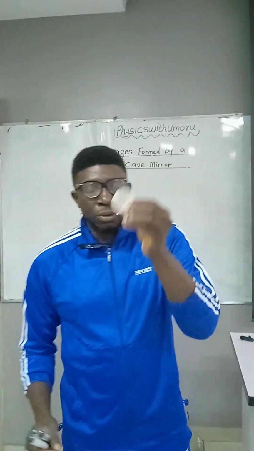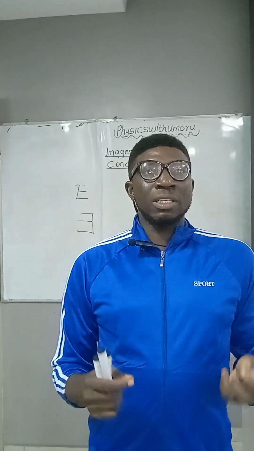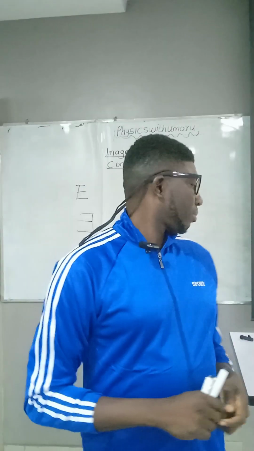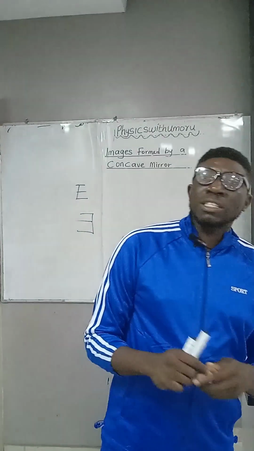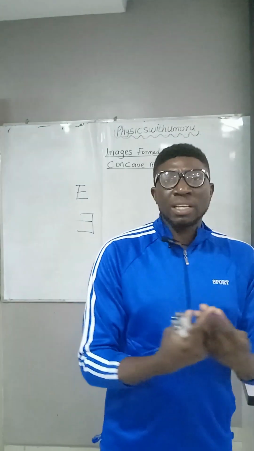Then the convex mirror. This mirror is also known as the driving or the driver's mirror, the side mirror of vehicles. You'll notice this is the type of mirror they use. So this convex mirror will also have specific properties.